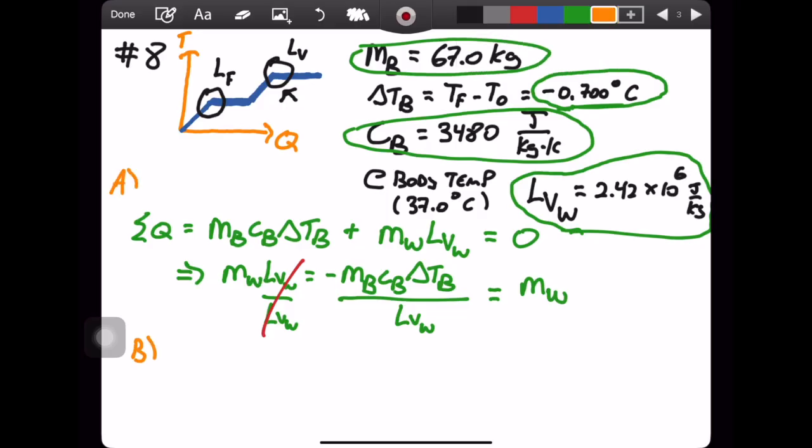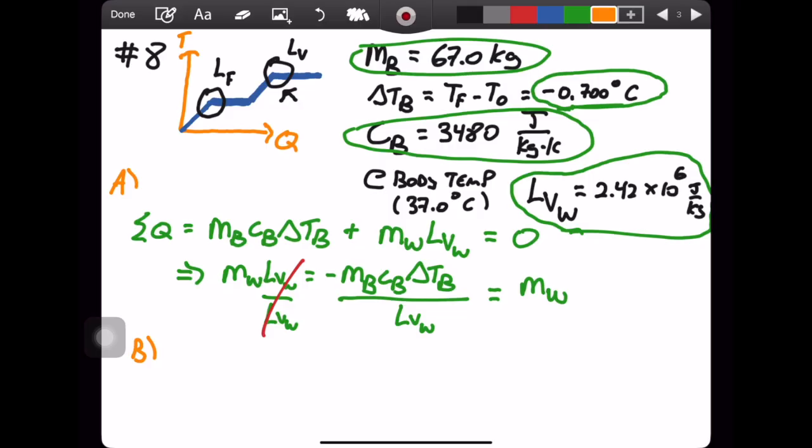And then there's a part B where it says, so given the mass of the water that had to be evaporated, we want to figure out what volume of water would need to be re-ingested to make up for the water that was lost in the evaporation process to cool the body down.